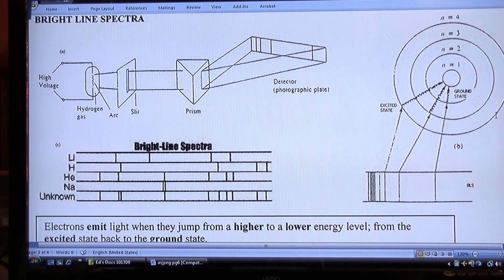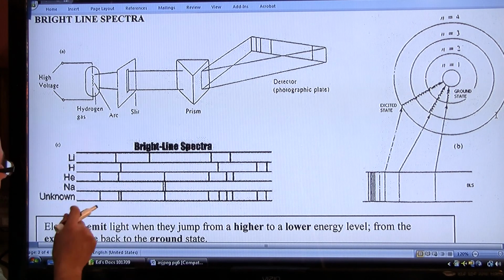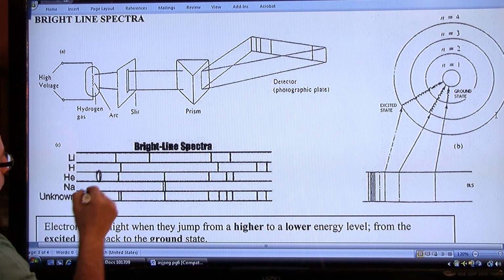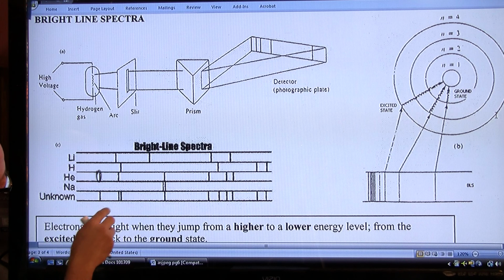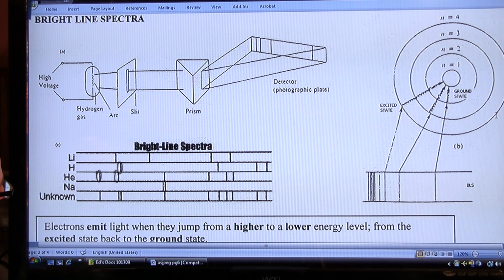So in this example here, this line, as you can see, matches up with this spectral line in helium. And then these two match up with helium and hydrogen.